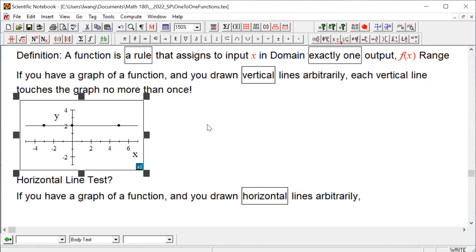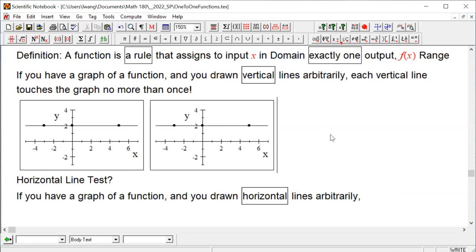So I'm going to make another graph. The first one, we drew vertical line, that's for the vertical line test.